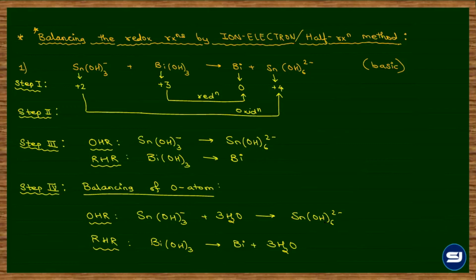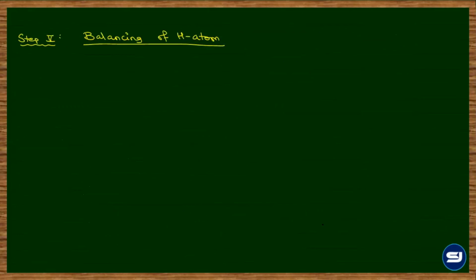So where it is deficient, right hand side. So I'll rewrite the oxidation half reaction: Sn(OH)3 negative plus 3H2O, giving Sn(OH)6 2 negative and 3H plus. और reduction half reaction में let's see.